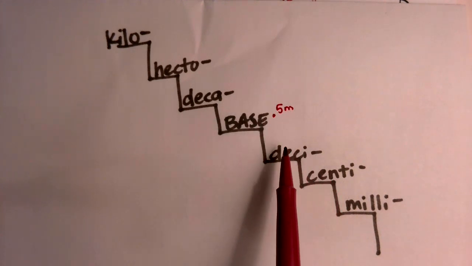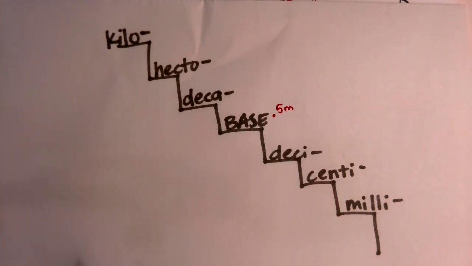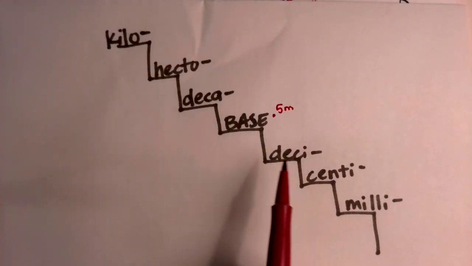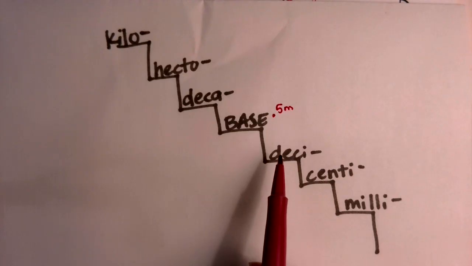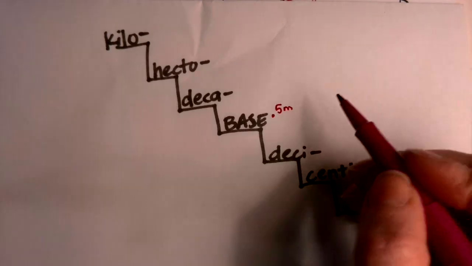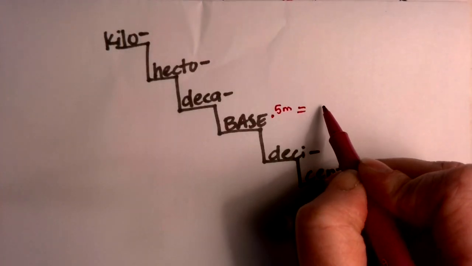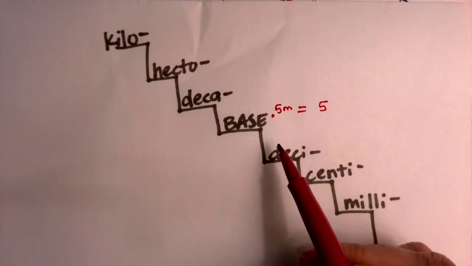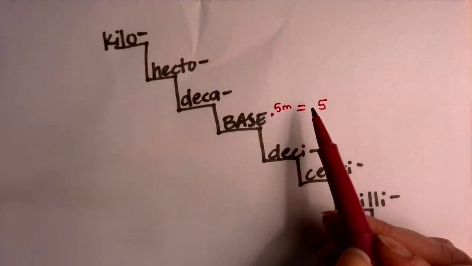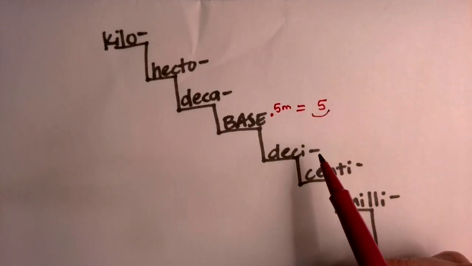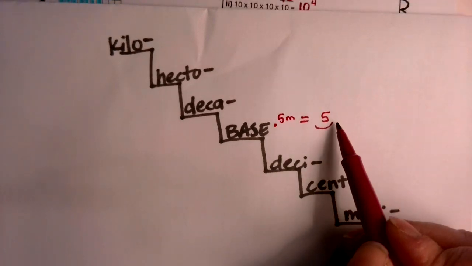So I'm going to go down one, two stairs. Really, what that means is I'm multiplying it times 100 because every time I go down the stair, I'm multiplying by another 10, right? That is why we have learned that pattern to be true. Really, we can take our decimal from where it was with meter, and since I go down two stairs, I can move my decimal two times to the right because that is like multiplying by 10 to get to deci.